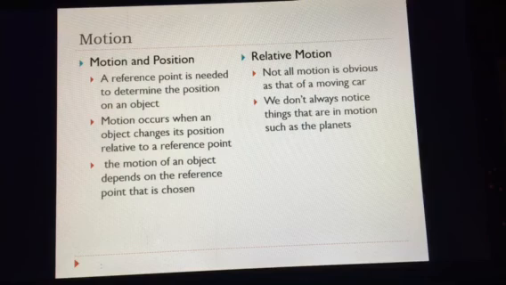Then we have relative motion. And not all motion is observed as obvious as a car moving. Sometimes it's really slow, such as our planets moving. We don't even notice that we're spinning rapidly out of control. We have no idea that we are moving within a celestial body and it's all just flying by us.